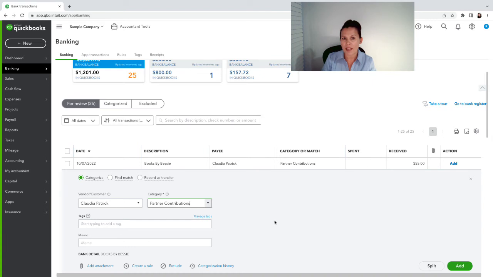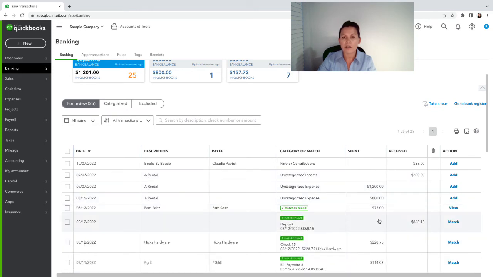Okay, a few other things you can do in banking is obviously creating those rules, especially for expenditures. Now, I would not add rules to income if you have invoices in your system, because there is a workflow for that.